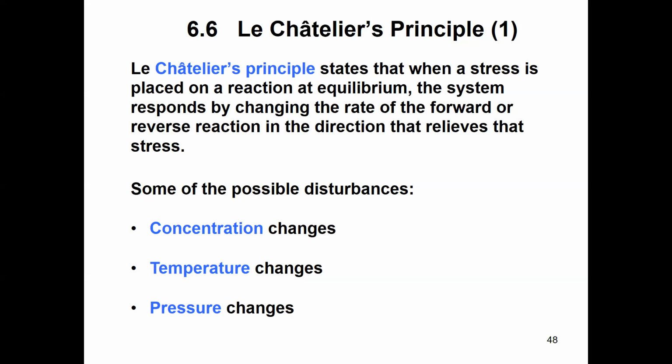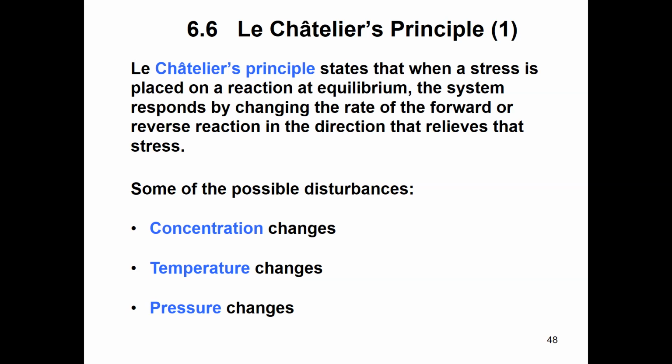So basically, Le Châtelier's principle says that when you are putting a change on an equilibrium, the equilibrium will try to retrieve its equilibrium and will counteract the change. So it will act to counteract the change that you have brought upon the equilibrium.